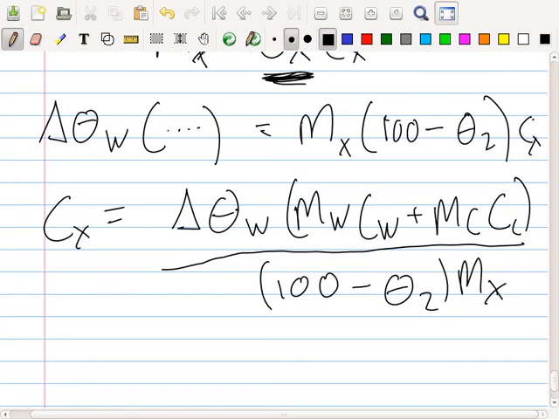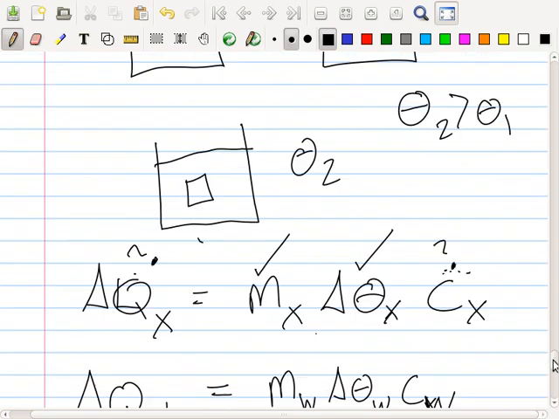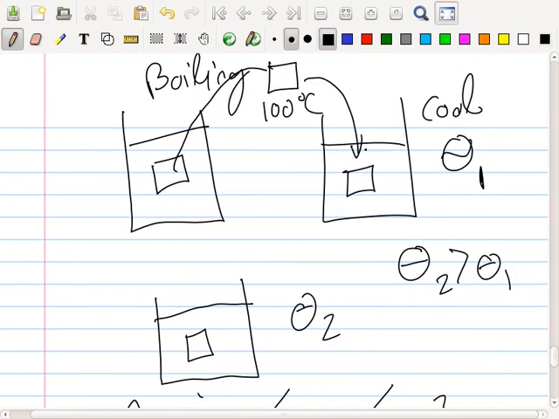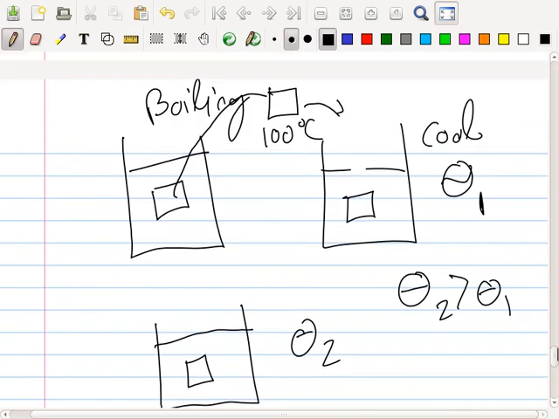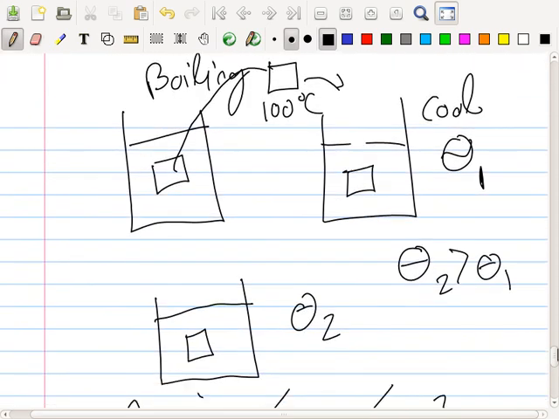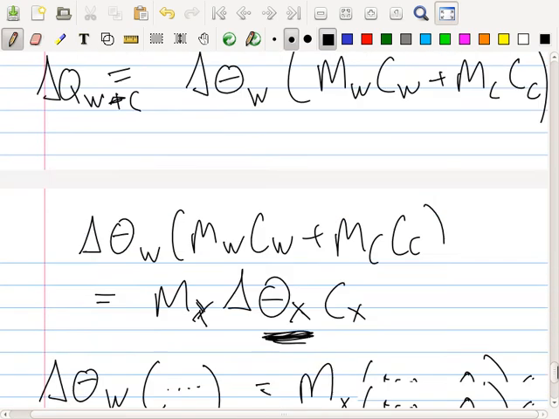Now, do you know the change in the water temperature? Yes, you do, because the water was there. It's theta 1 before I put the block in, and here is theta 2 after. It'll get hotter, so I do theta 2 minus theta 1.